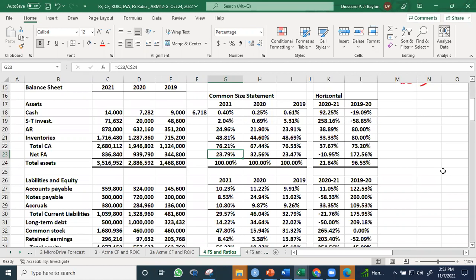So let's suppose this is a company where machineries are very important, and that the net fixed assets of the company account for 23.79% of the total assets. Okay, and if we compare that with the industry players, which has, let's say, 40% net fixed assets, maybe that can lead us to analyze or to ask questions about the proportion of the net fixed assets.